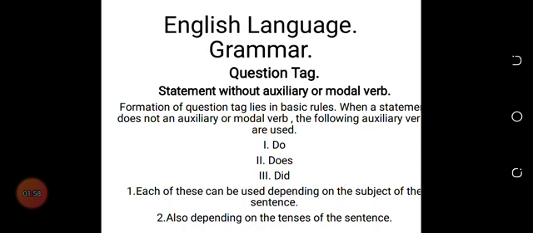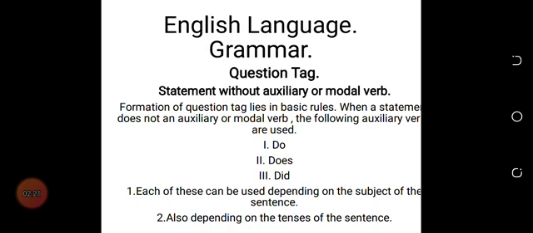Last week I took you through some of the rules. Okay, when a statement does not have an auxiliary or modal verb, the following auxiliary verbs are used. So we have do, does, did.